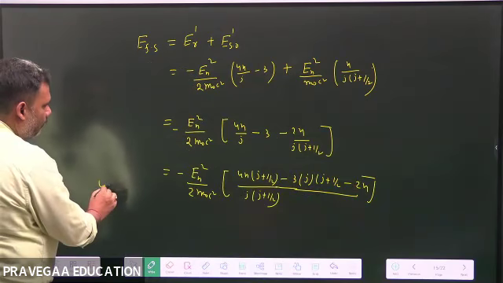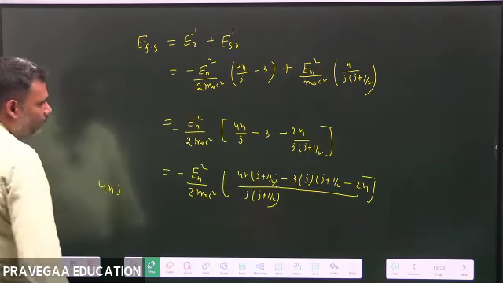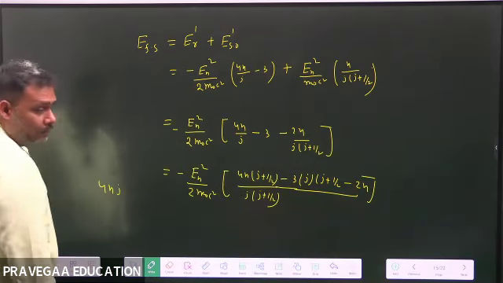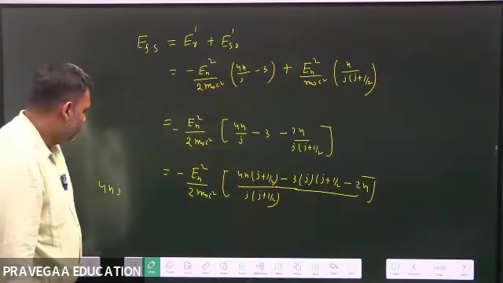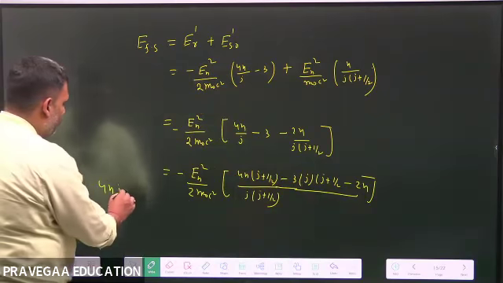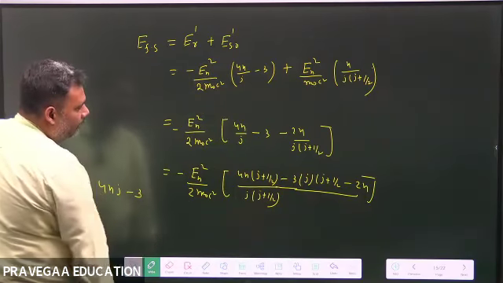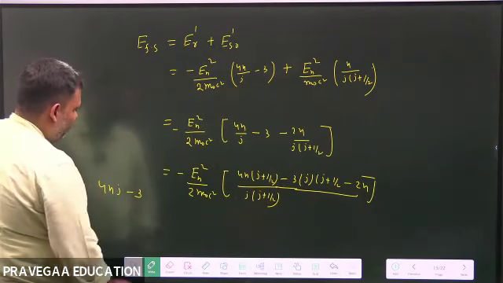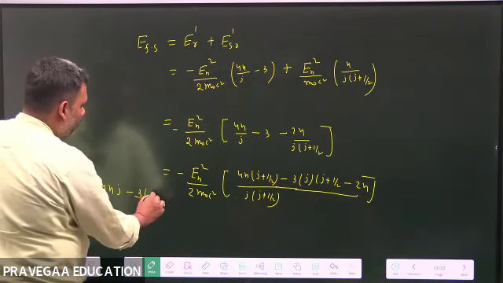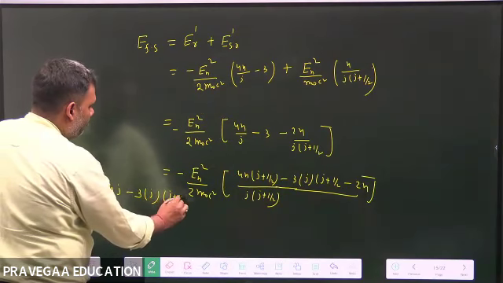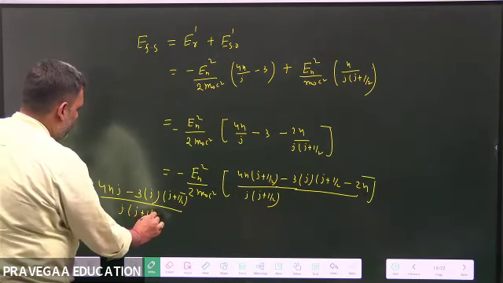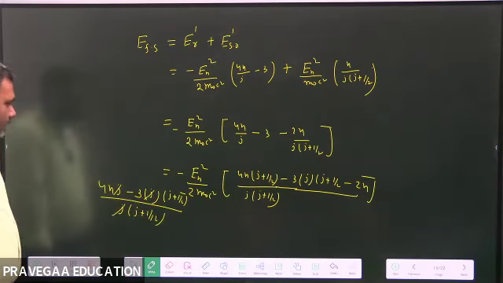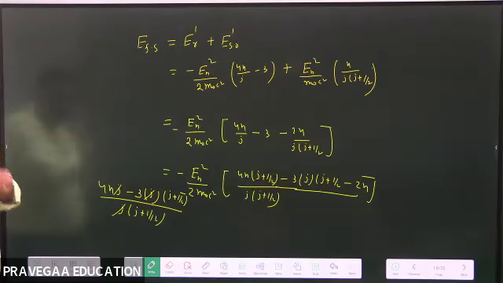We have 4n j, हाँ ये तो करते, ये वाला कैंसिल हो गया, this 2n is cancelled out। ठीक है, 4n j minus 3, एक मिनट, j into j plus half, ठीक है, by j into j plus half. So what will happen? J will also cancel out. ठीक है, and what we have, a very interesting thing.